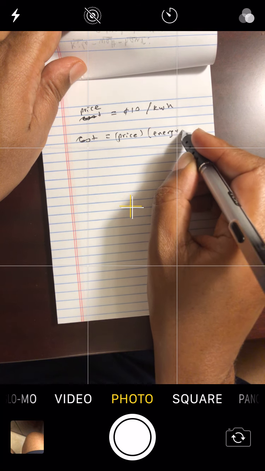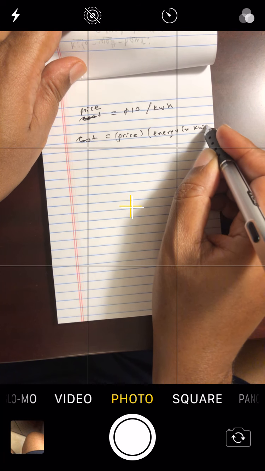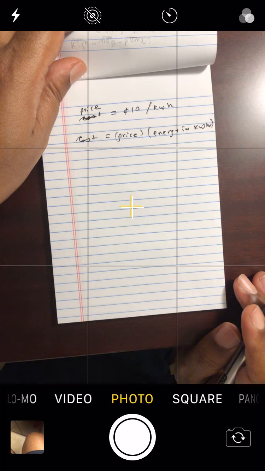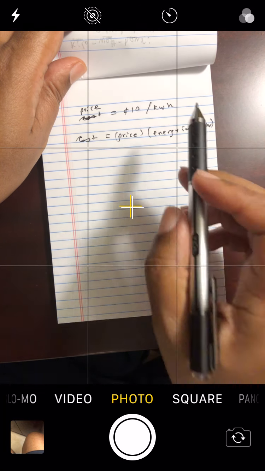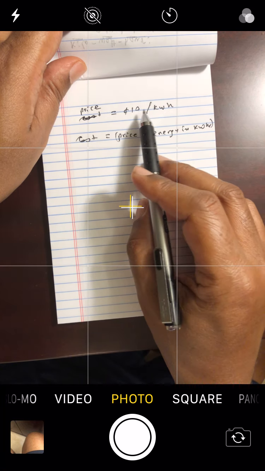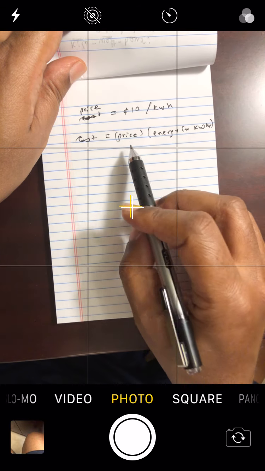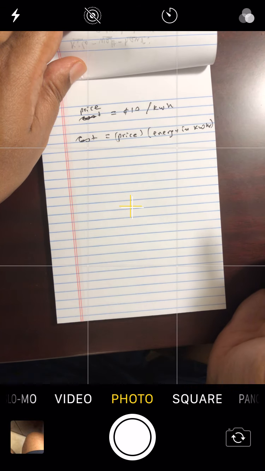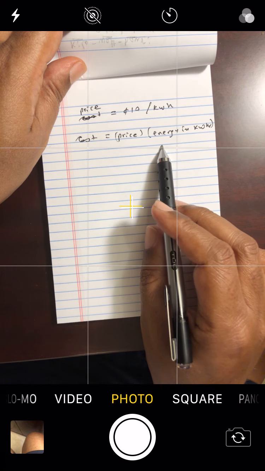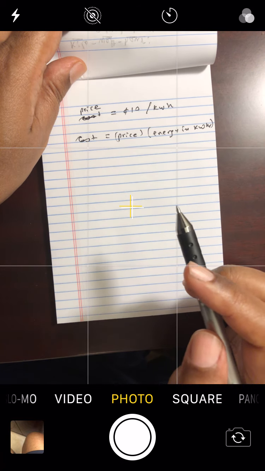For example, if you use 2 kilowatt hours, then the cost is 20 cents. If you use 3 kilowatt hours, and so on. So you have to multiply the price by the energy in kilowatt hours. We have to obtain the energy in kilowatt hours and then use this formula.